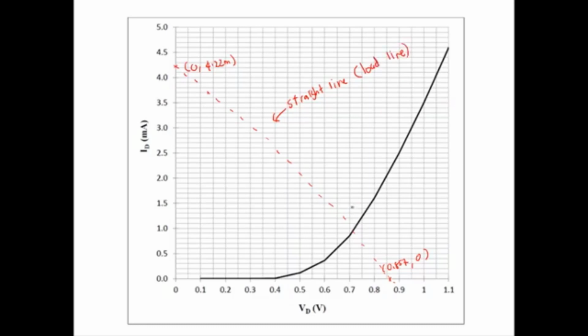Once you got the load line, you identify the intersection. Actually I have tried drawing the actual load line. The intersection should be around here. So we have this intersecting point. So this is the solution.